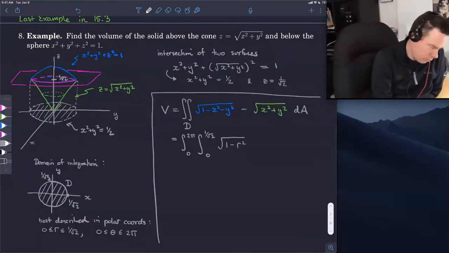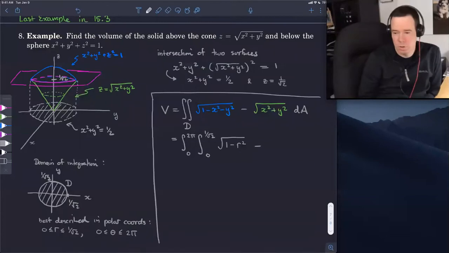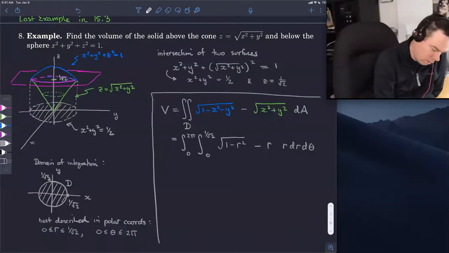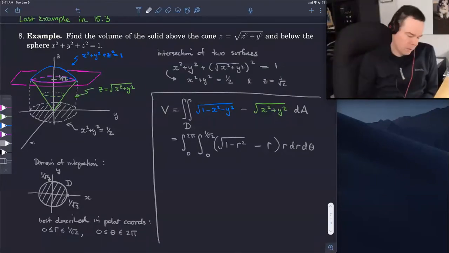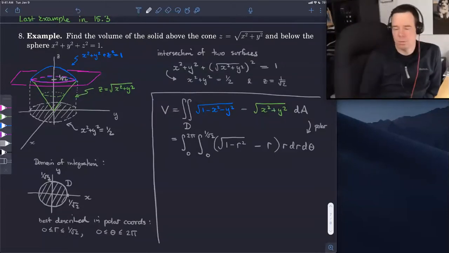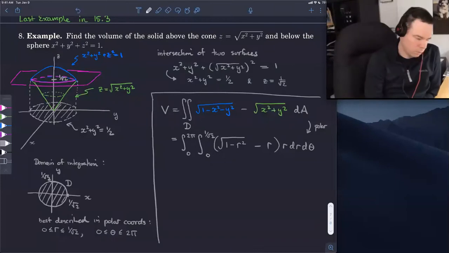We've got our second function, which is x squared plus y squared, square rooted. So x squared plus y squared is r squared, square rooted is just an r. And then we get our r dr d theta. So that was converting to polar. We've converted our integral to polar coordinates now.